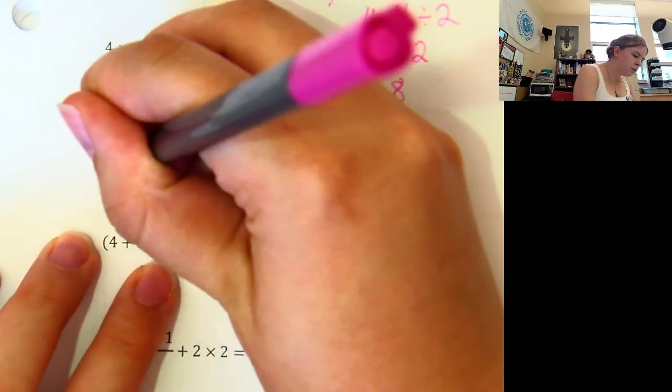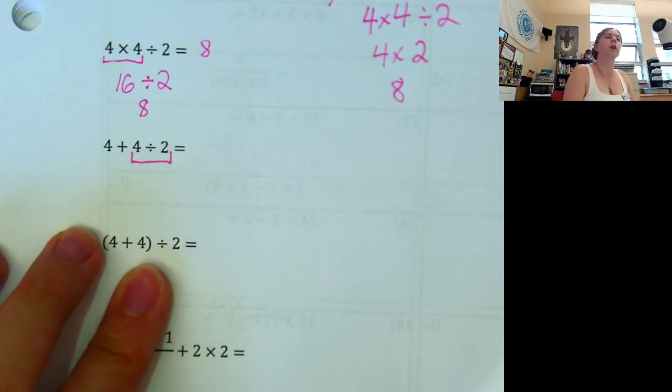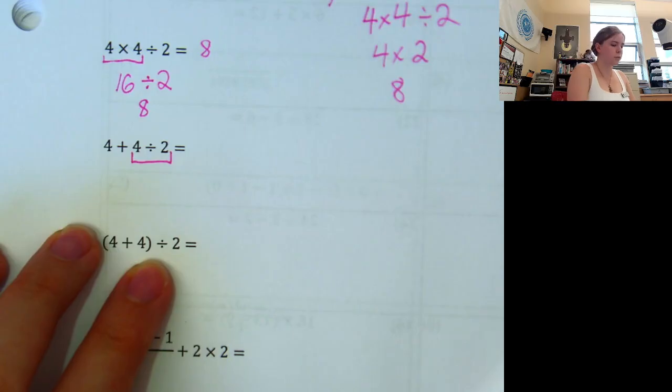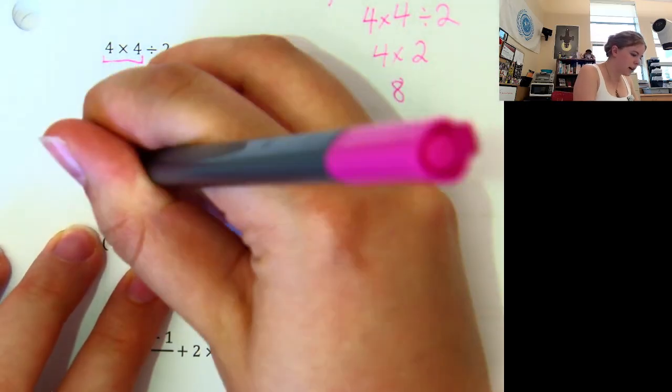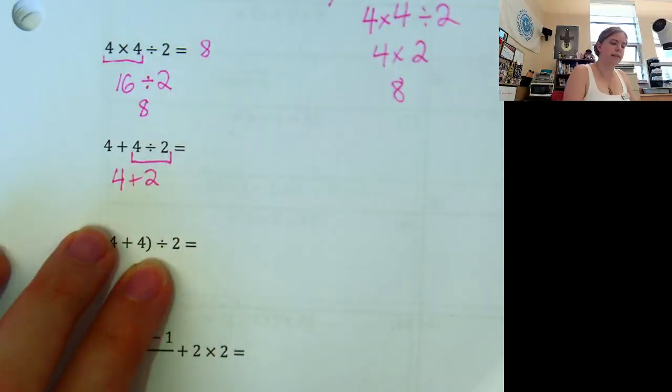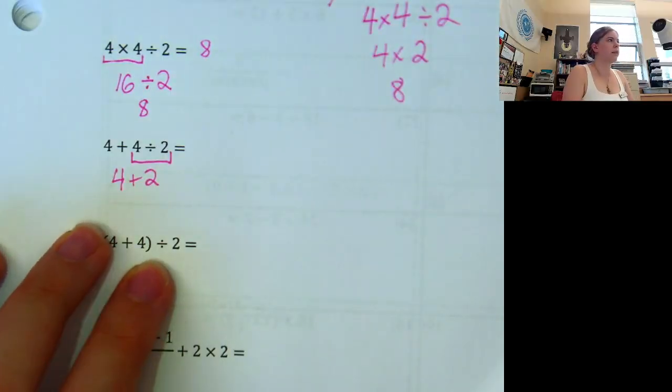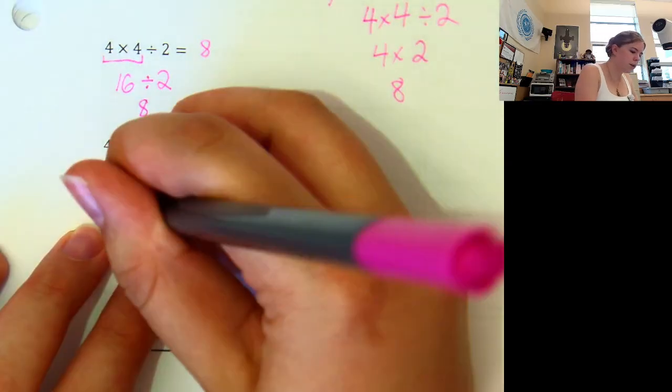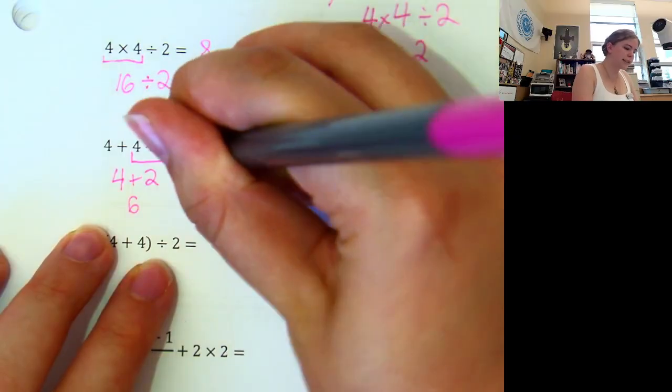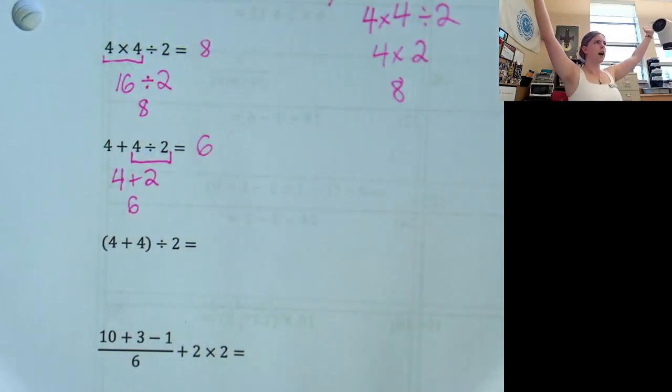We want to do 4 divided by 2 first. What's 4 divided by 2? 2. Now we bring down 4 plus. Okay, now what? 4 plus 2 is 6. Beautiful. We got our answer. It's 6. Hurrah!